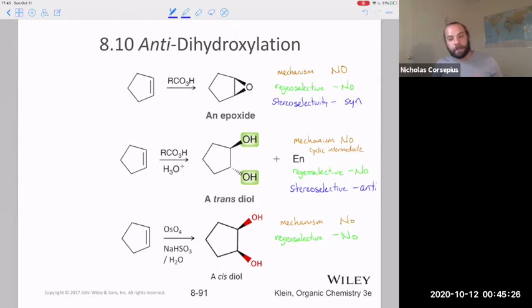You've got that cyclic intermediate, which means that the only way for that nucleophile to attack is from the opposite side. But then if we use the osmium oxide or the manganese oxide, that's when we would get the syn addition.